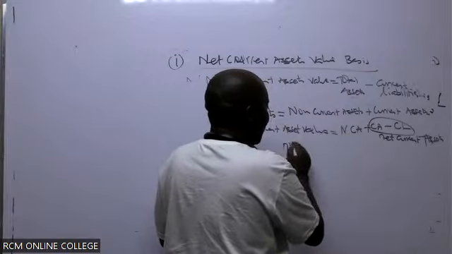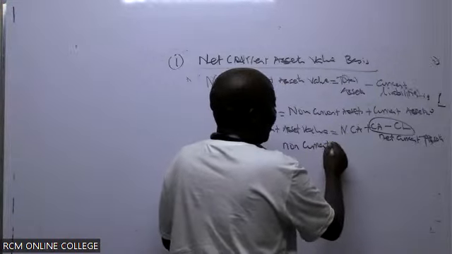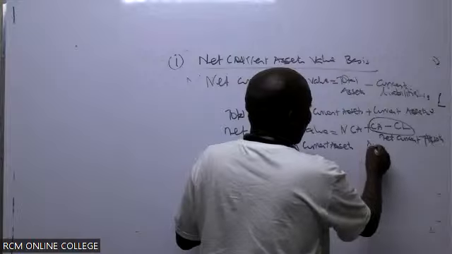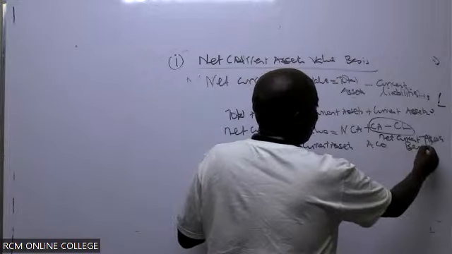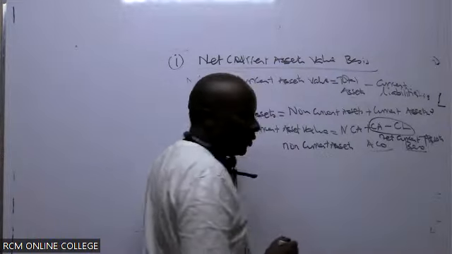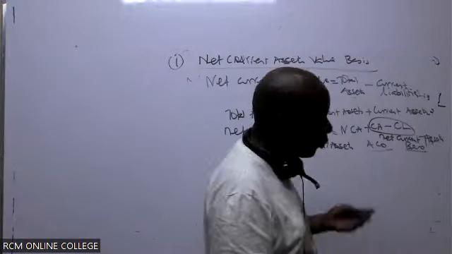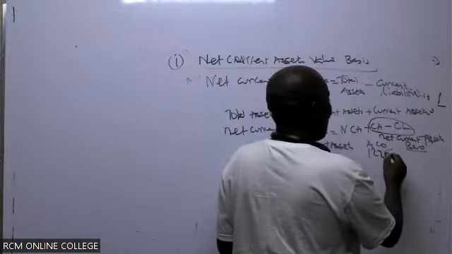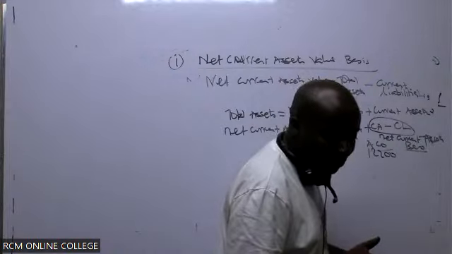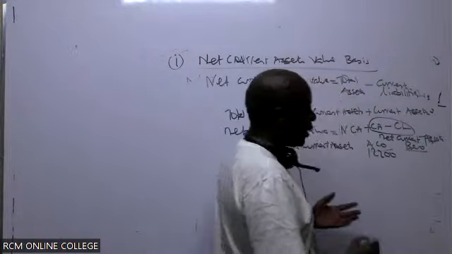We have non-current assets for ACO and for Bero. They have given me non-current assets, 12,200 for ACO, and Bero is 3,500.